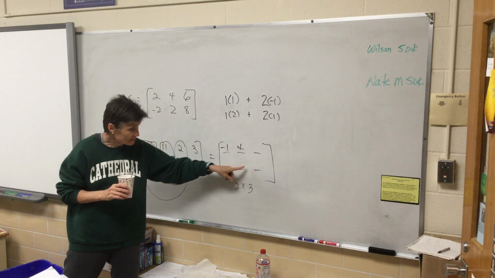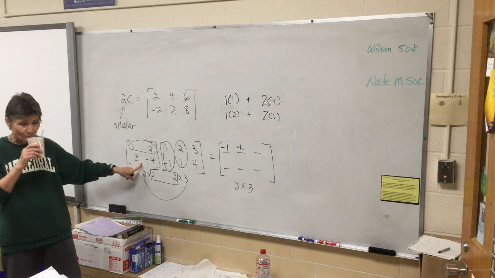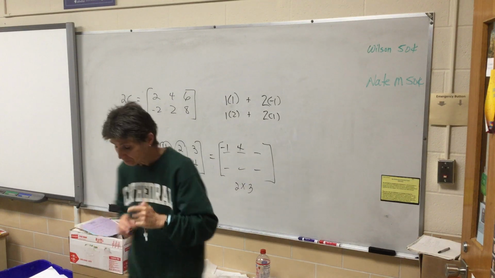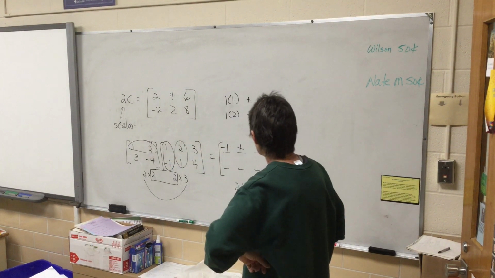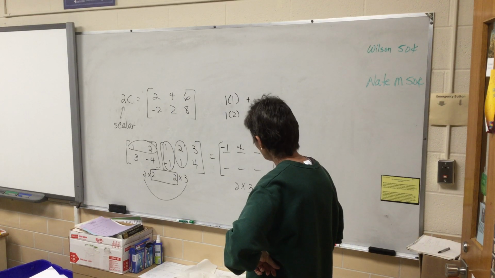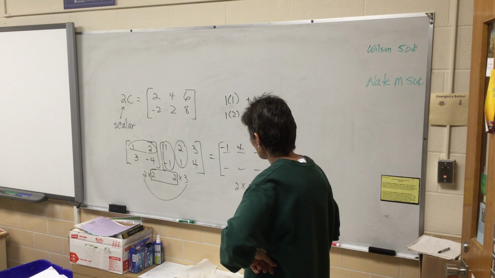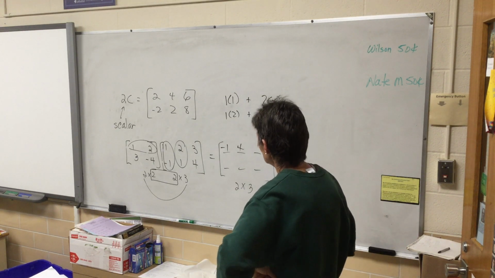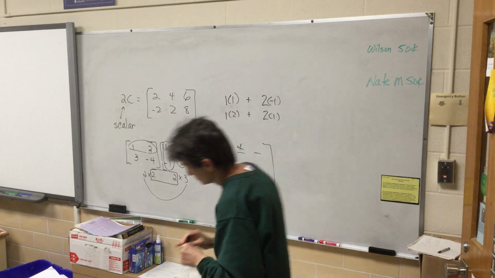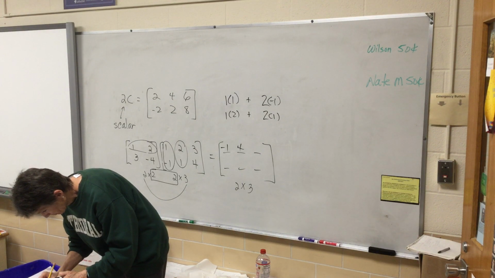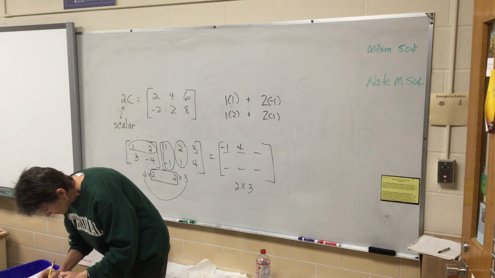Remember that when you move down here to get these numbers, you're going to be using your second row. Tell me when you've got them all.